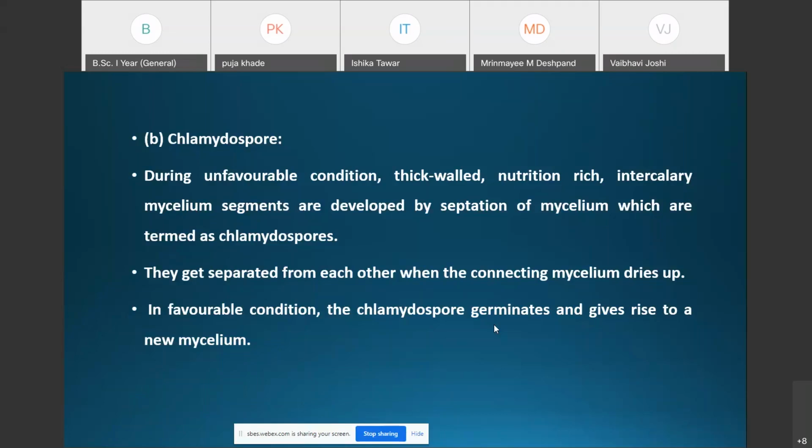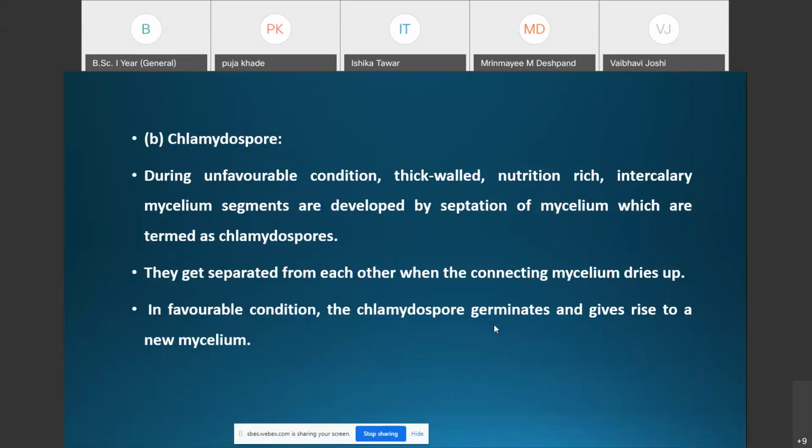These chlamydospores get separated from each other when the connecting mycelium dries up. Due to the unfavorable conditions, the connecting mycelium dries, and ultimately the chlamydospores get separated from each other.